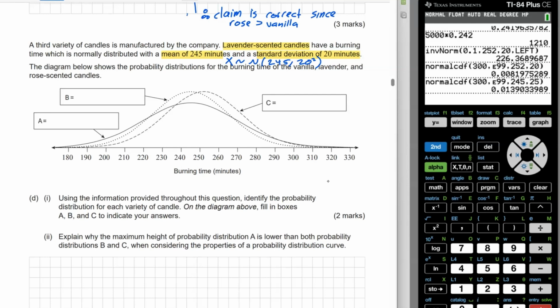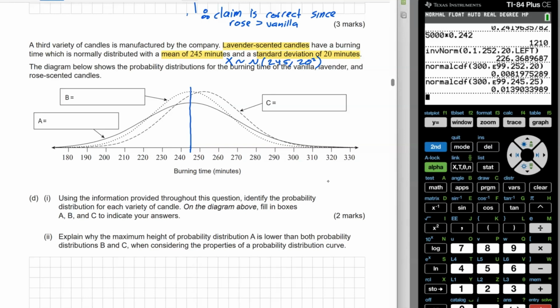Okay, so we need to pick which one is which, essentially. Now, we know that we have two that have an average of 245 minutes. We've got the rose-scented candles as well as our new ones, which are the lavender. So at 245, I'm expecting to have two means, or two peaks, sorry, at that value. So I've got to choose between B and A.